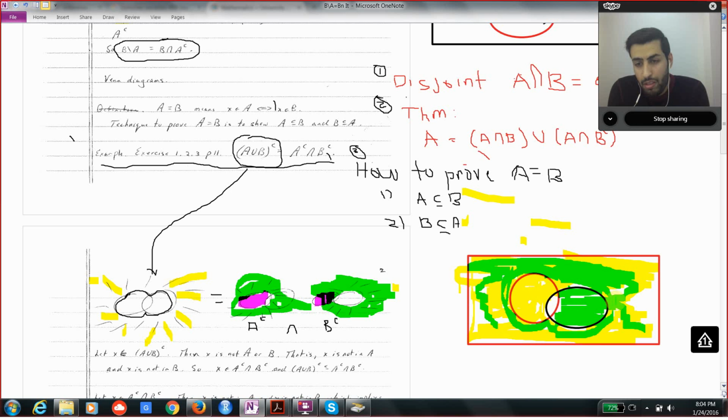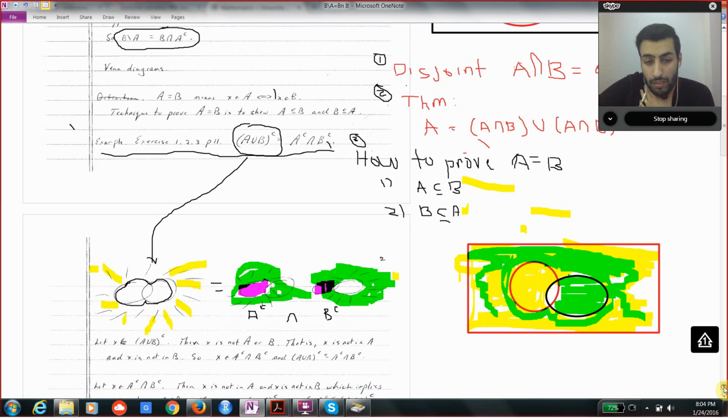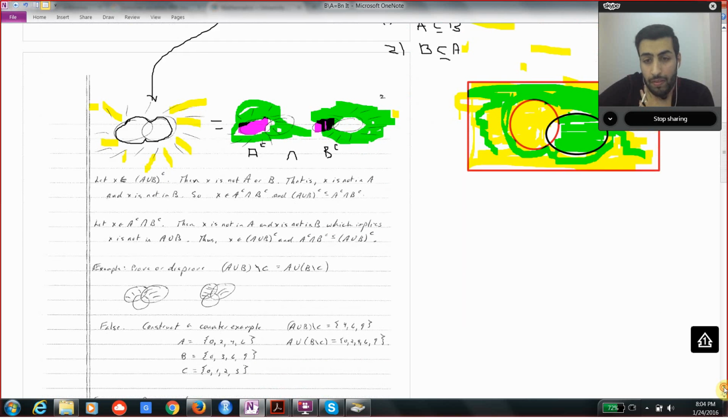They only overlap outside of both circles, right? And that's the complement of A union B, okay? That's the idea. But we have to prove it, okay? And so we have to actually look at the proof.